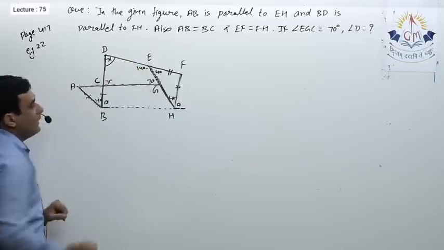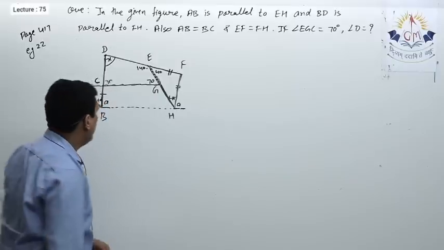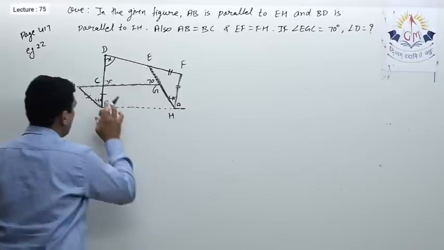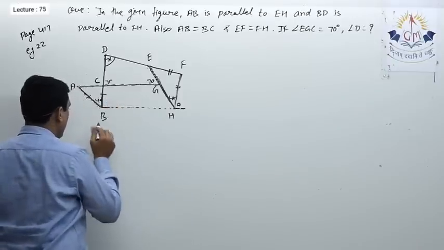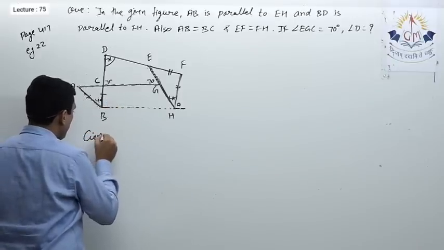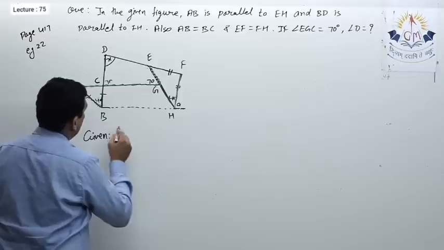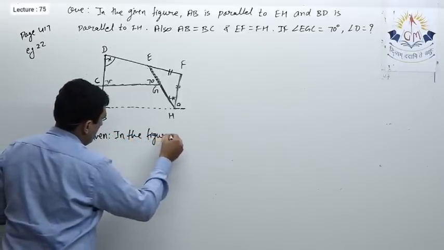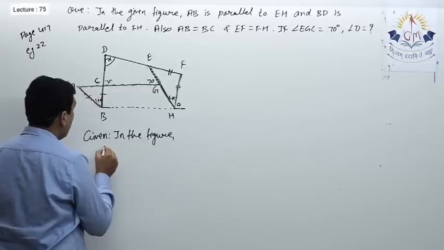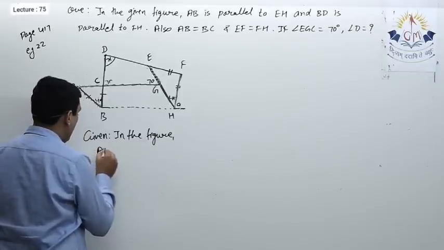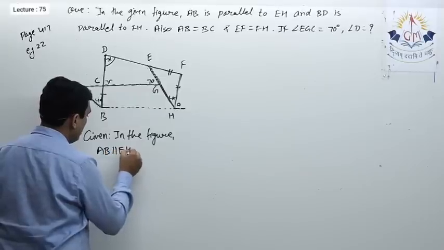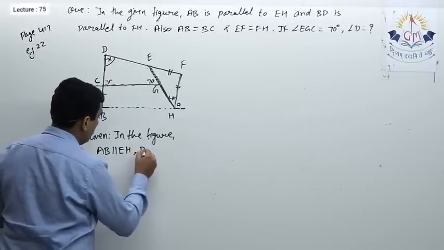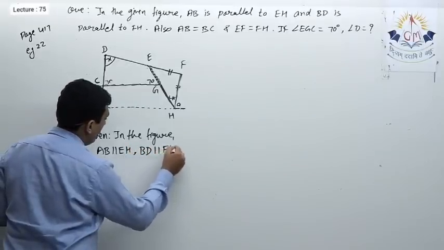And now with the help of the angle sum property of quadrilateral, we'll be able to get the measure of all the angles. So let us see the solution step by step. First of all, it is given in the figure EH parallel to AB, AB parallel to EH, and BD parallel to FH.